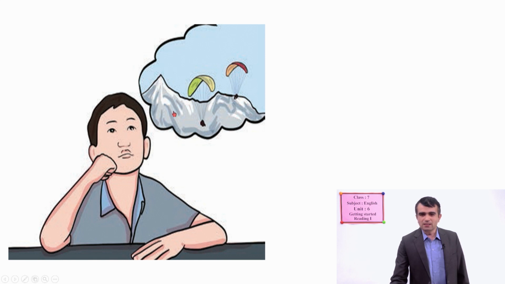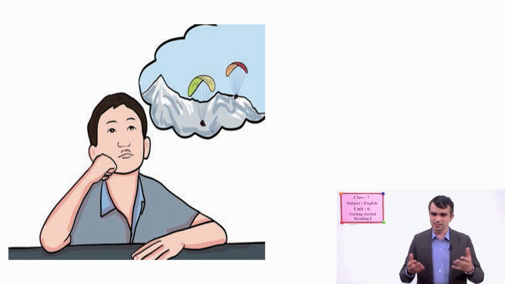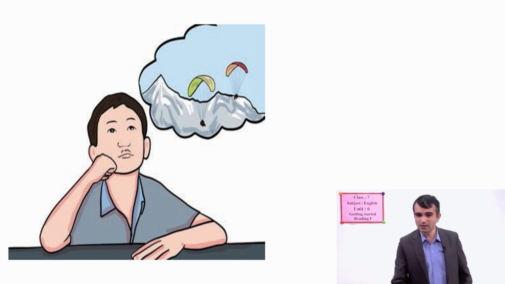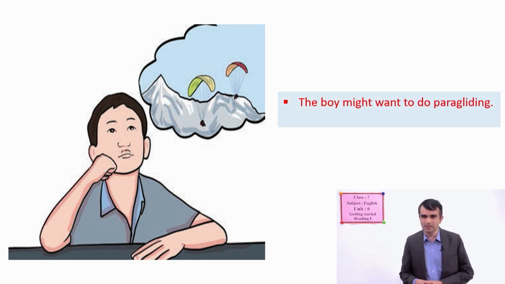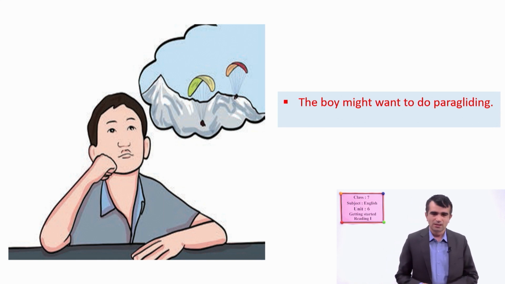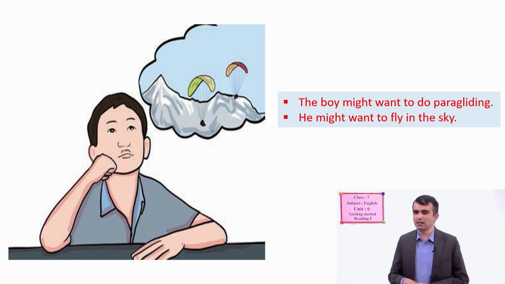Now the boy is thinking about it, so what might the boy want? Yes, good idea. Good, the boy might want to do paragliding. Similarly, you can say he might want to fly in the sky.